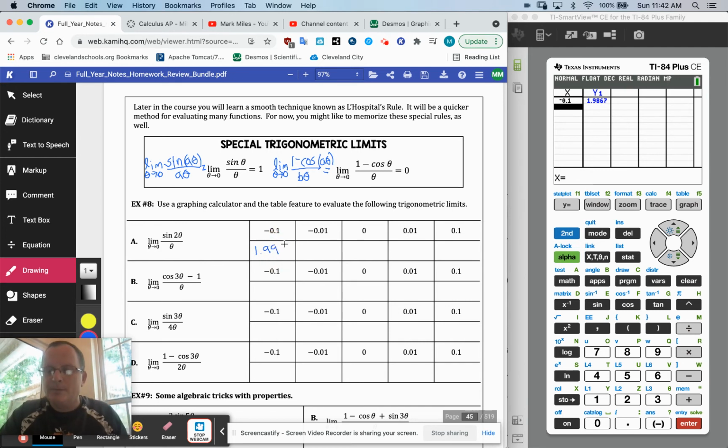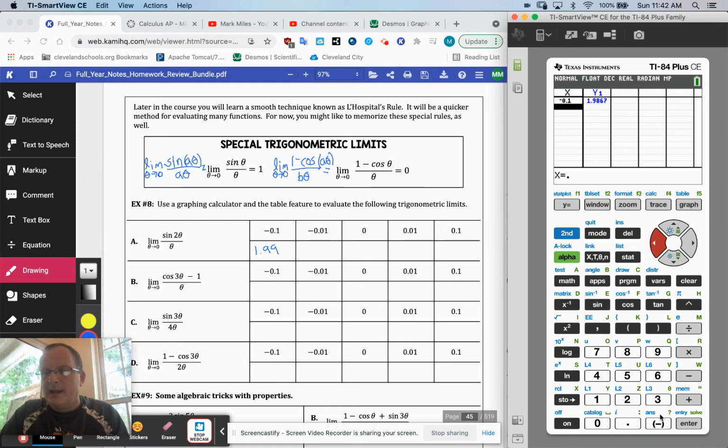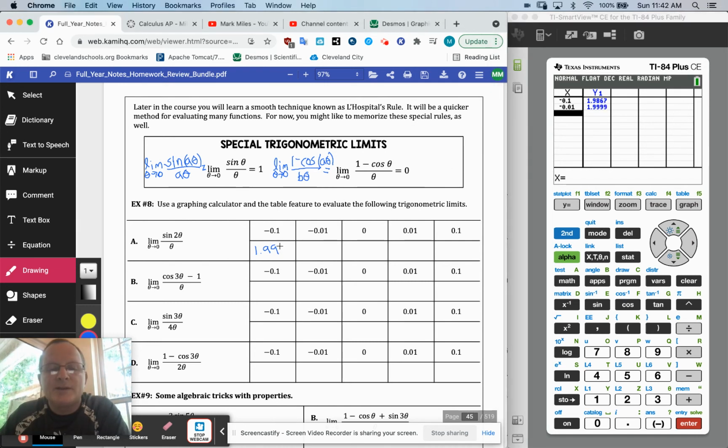Okay, let's get a little closer. So over here now, that's negative 0.01. Okay, even closer. On that one, I'll go another decimal place just so they look different. We'll go 3 decimal places, and that one's definitely 1.99. So it looks like we're getting close to 2.